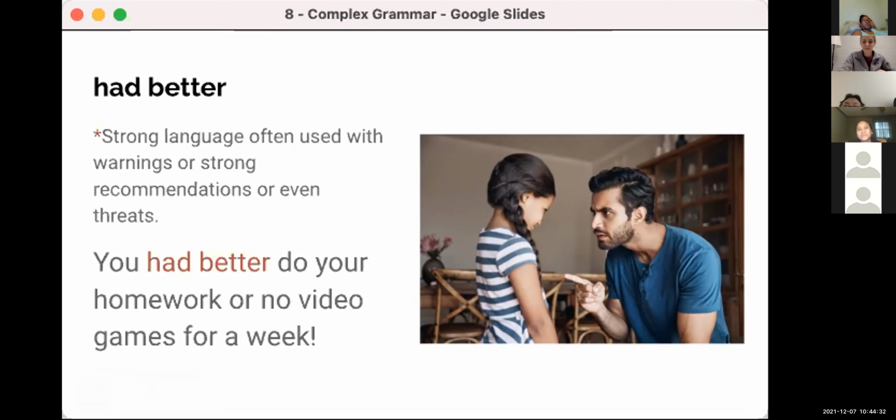Yeah, you use had better for past? Good question. We see had, right? Even though this is had, it is not past tense. This is for a present tense situation. And future?